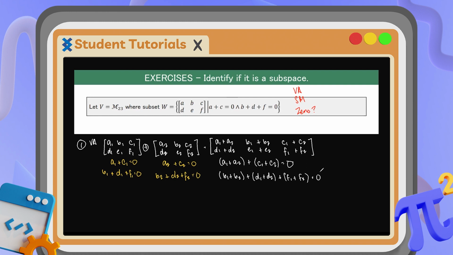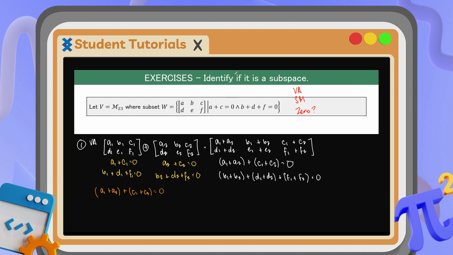So from here, we need to do something else to actually prove or disprove whether it satisfies vector addition or not. So here, we first rewrite the equation. So a sub 1 plus a sub 2, c sub 1 plus c sub 2.